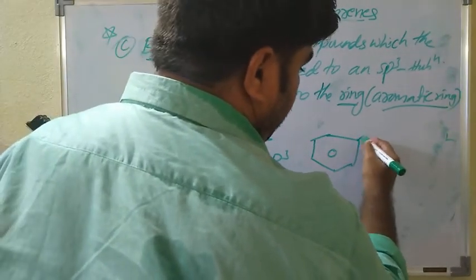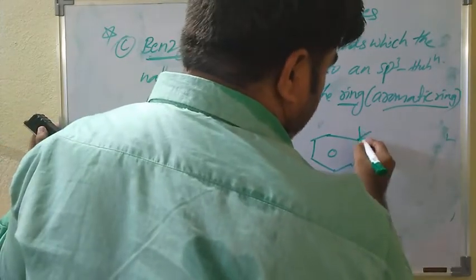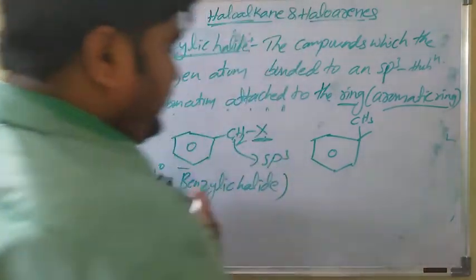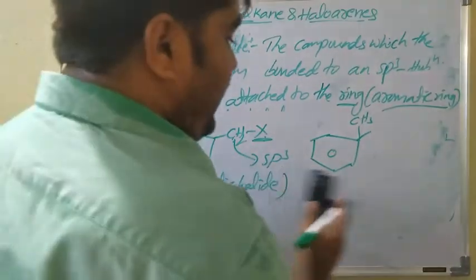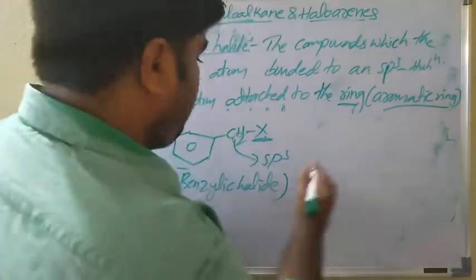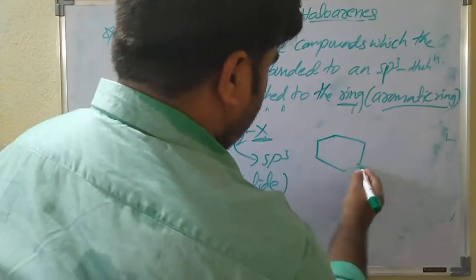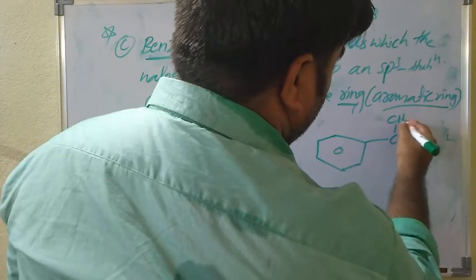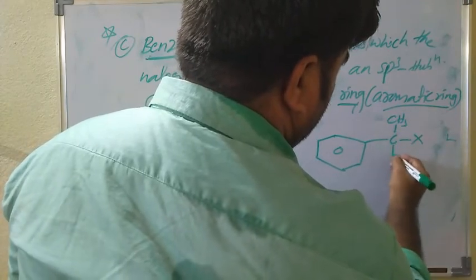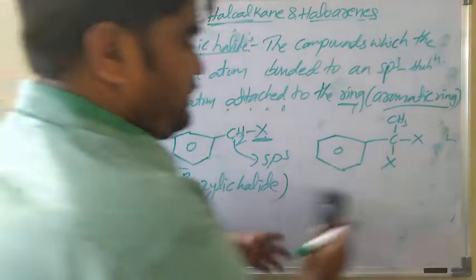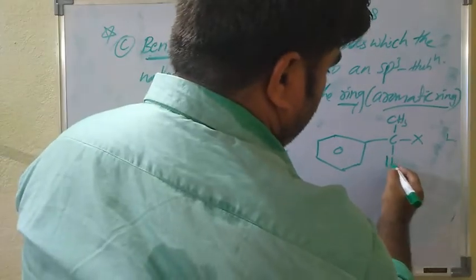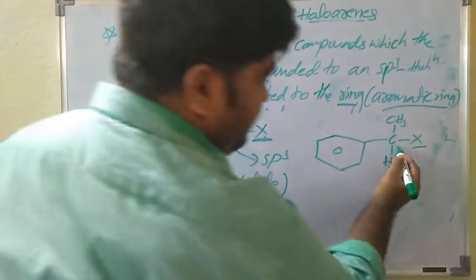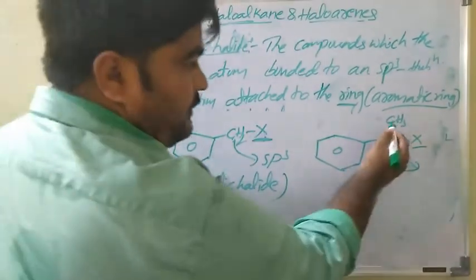See, CH3. Secondary benzylic halide: the halogen atom is attached to an sp3 carbon only, but this carbon is attached to how many carbon atoms? 1, 2.